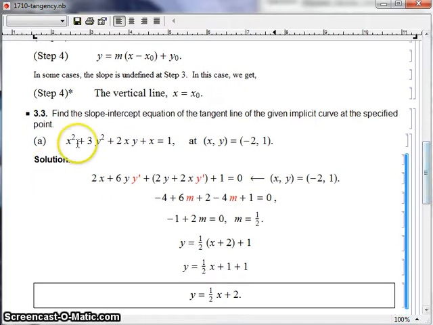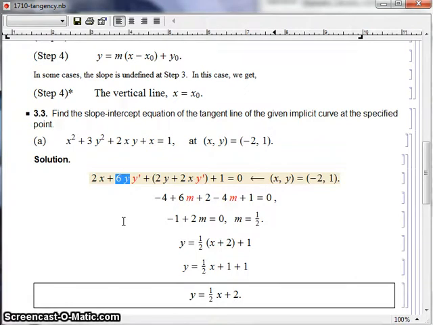Here it is. The derivative of x squared is 2x. That was easy. No problem there. What is the derivative of 3y squared? It's 6y. That was easy too. But here's a problem. What do you mean by implicit differentiation?